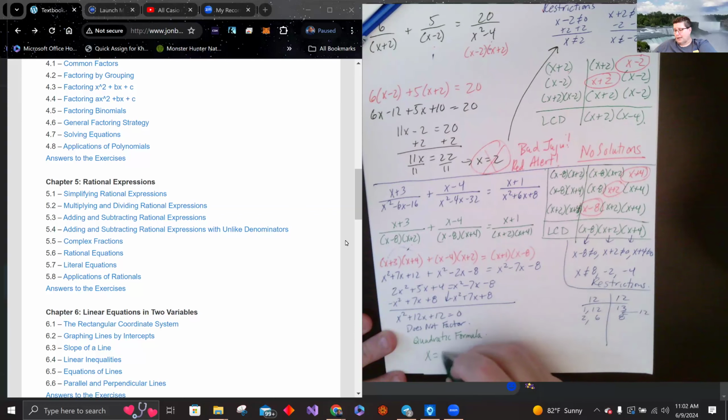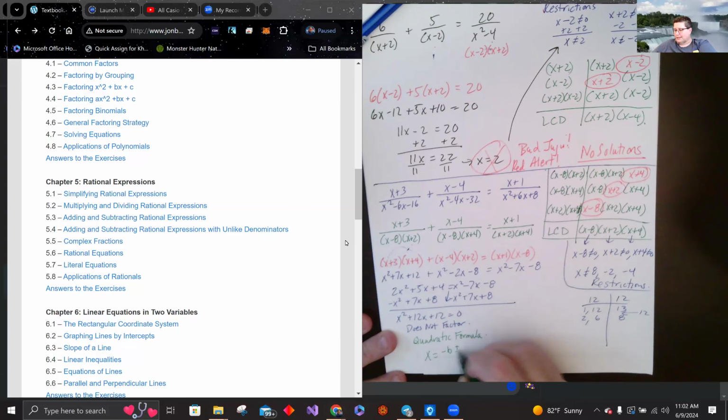X equals negative b plus or minus square root of b squared minus 4ac over 2a, where we're in the form ax squared plus bx plus c. So for this problem, a equals 1, b is 12, and c is 12.